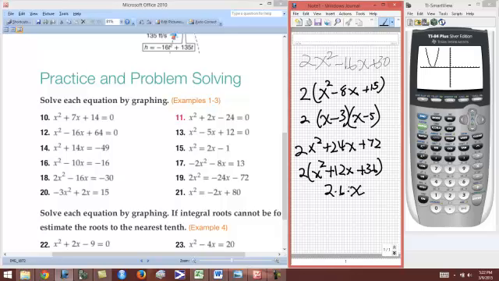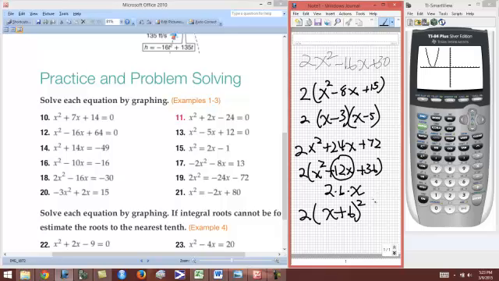And it does. Okay, so if you take the square root of the third term and the square root of the first term, multiply them times each other and times 2, that equals the middle term. So this is a perfect square. So this is 2 times x plus 6 squared.